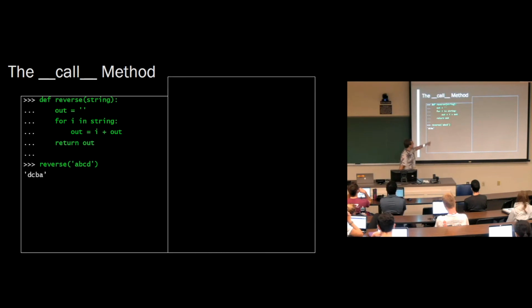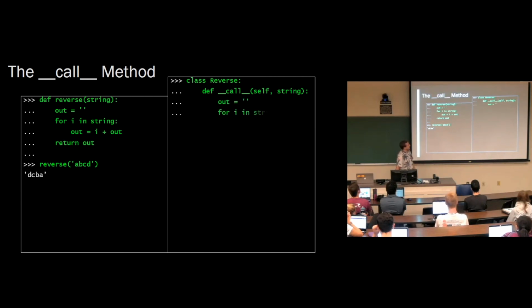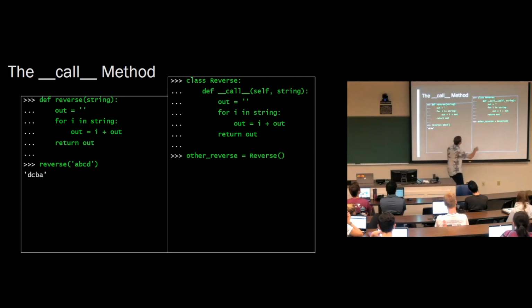Now, we could rewrite this as a class. So let's make a class, capital R Reverse, and then we implement the __call__ method. Because it's a method, we take in self, and then the string that we're trying to reverse. And then everything else is the same. If we want to call this version of reverse, because it's a class, we first have to create an instance of the class.